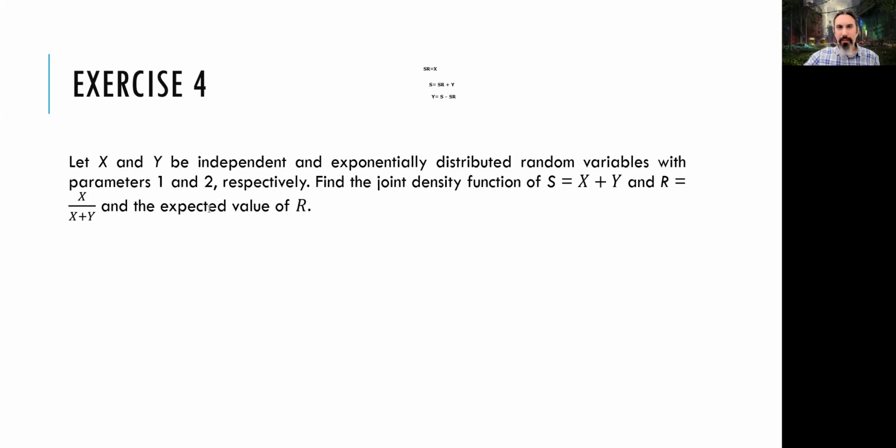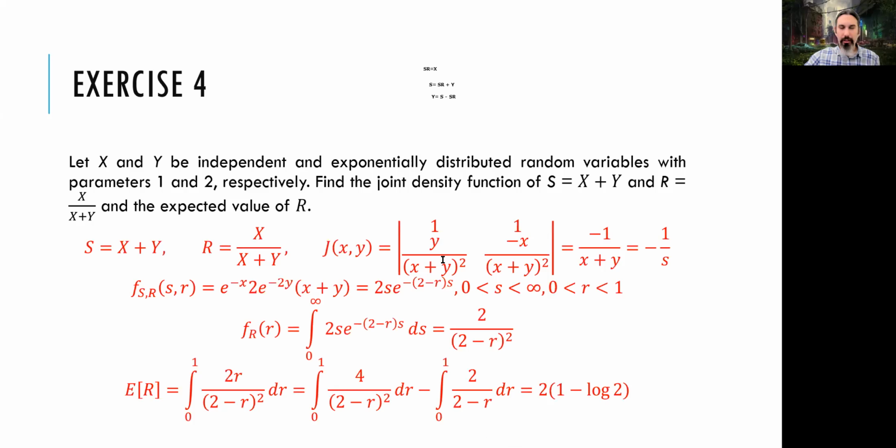Then we have to find the Jacobian as well, because it's a Jacobian question, obviously. So what we need to do is find the differentiations of x and y in terms of s and r, which is going to give us these values. Then we take the determinant over here, so we get -1 over x plus y, which is -1 over s.